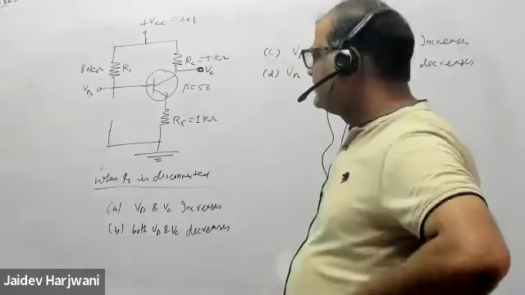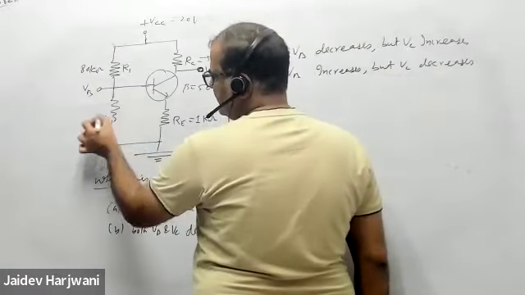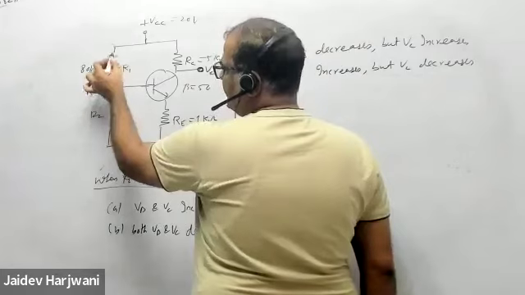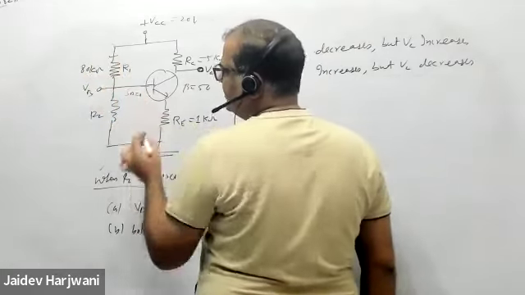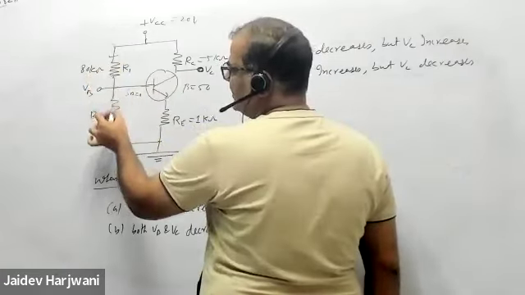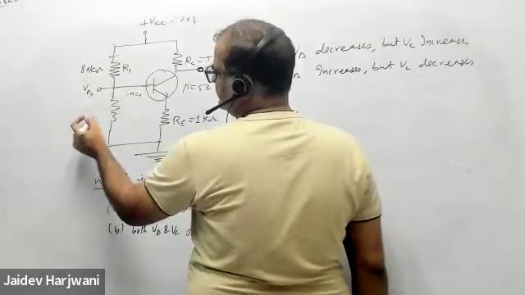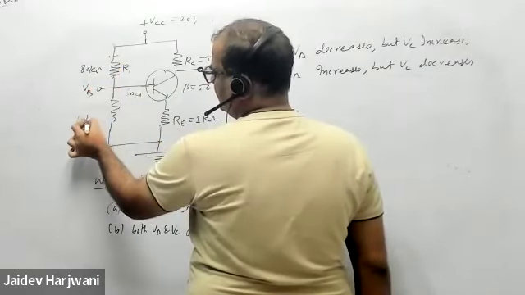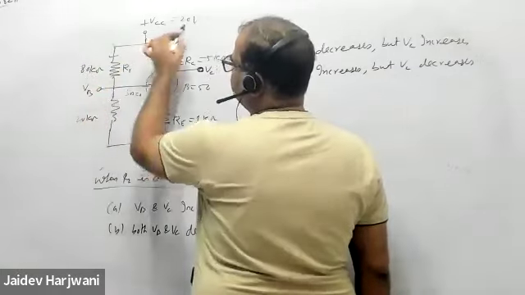So let us understand in this way. When R2 is there, neglect IB. Current flowing here is in milliampere or microampere. R2 is 20 kilo ohm, so this is 80 plus 20, 100 kilo ohm, and this is VCC.